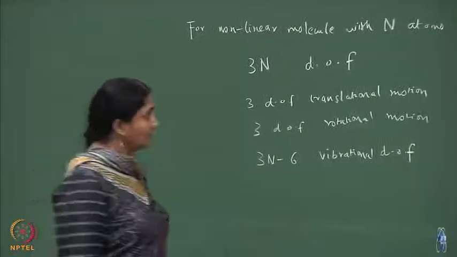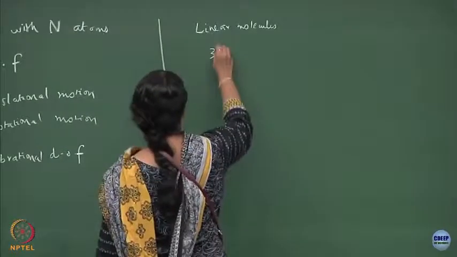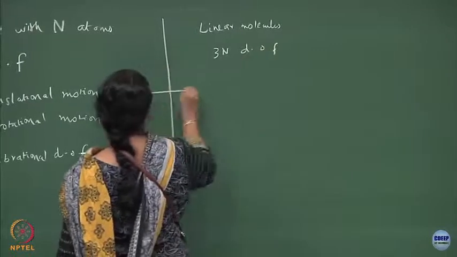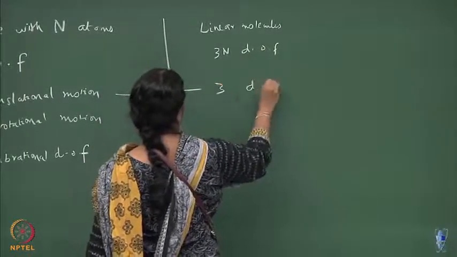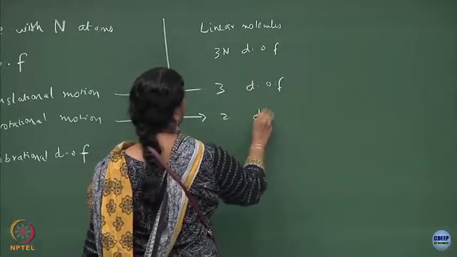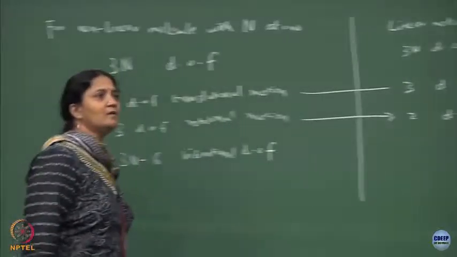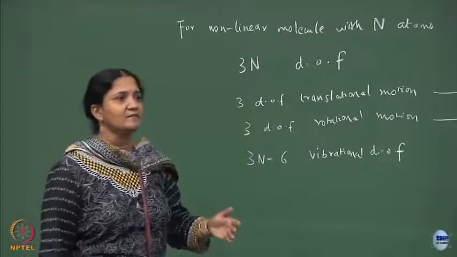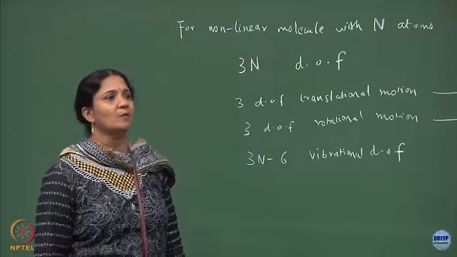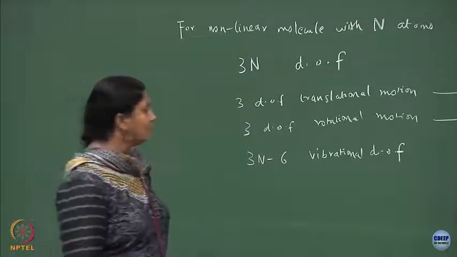So, a linear molecule in 3 dimensions, again 3n to start with, translations again 3, and rotations become 2 degrees of freedom, because rotation about its own axis, for a linear molecule like carbon monoxide, gives nothing.